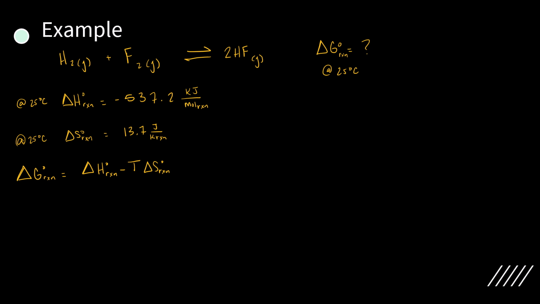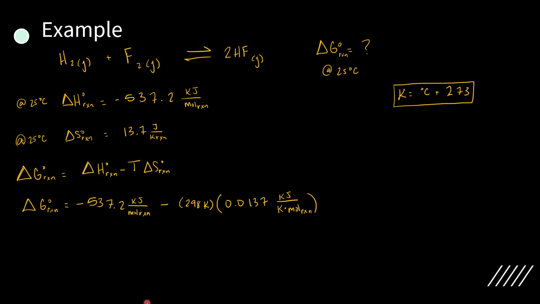Now, one thing is our T is in Celsius, and we have kilojoules here and joules here. So you have to really pay attention to units in these types of problems. Kelvin is going to be Celsius plus 273, so an easy conversion.